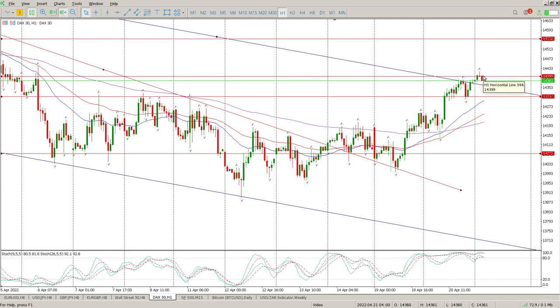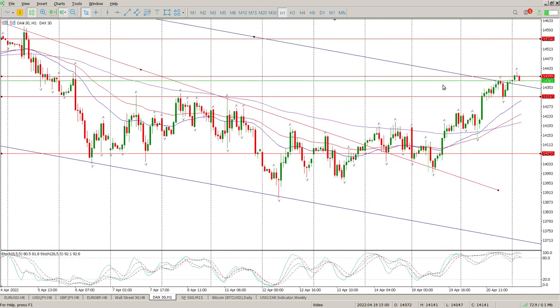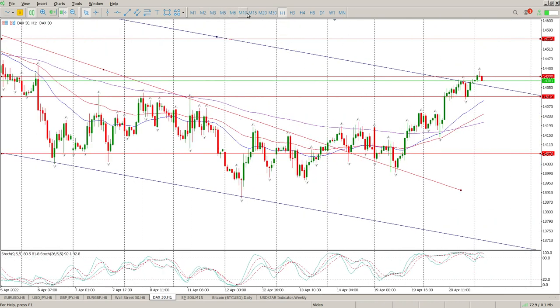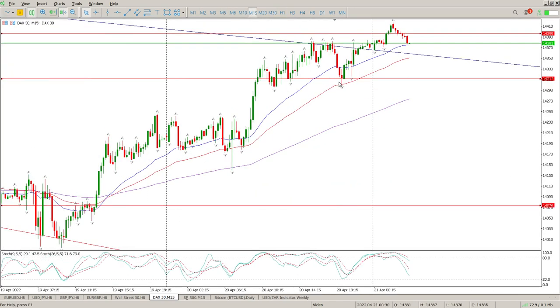Alternatively, I'm looking for a break of 14,400 and retest before looking to get in for a move to the upside. You'd probably be very wise to trade a lower time frame.